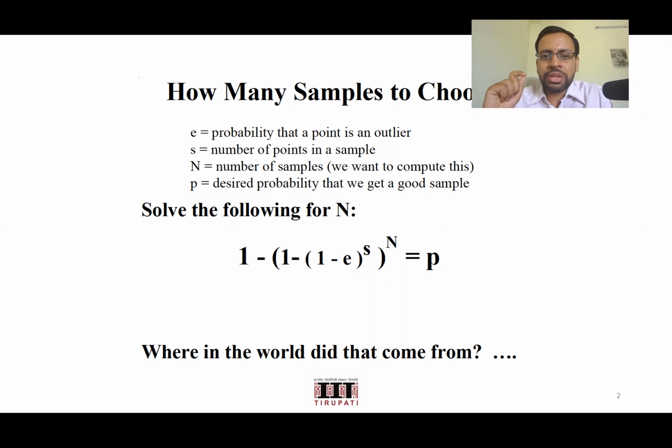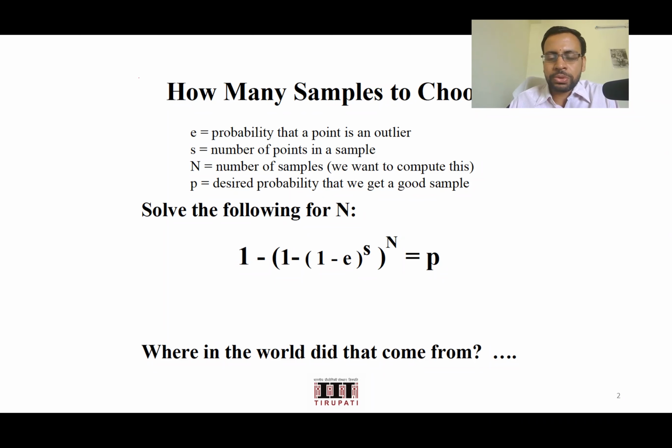So for example, 10%, 20% or something like that. And S is the number of points you need to pick in order to get the parameters. For example, if you are fitting a line, you need at least 2 points, so S turns out to be 2.